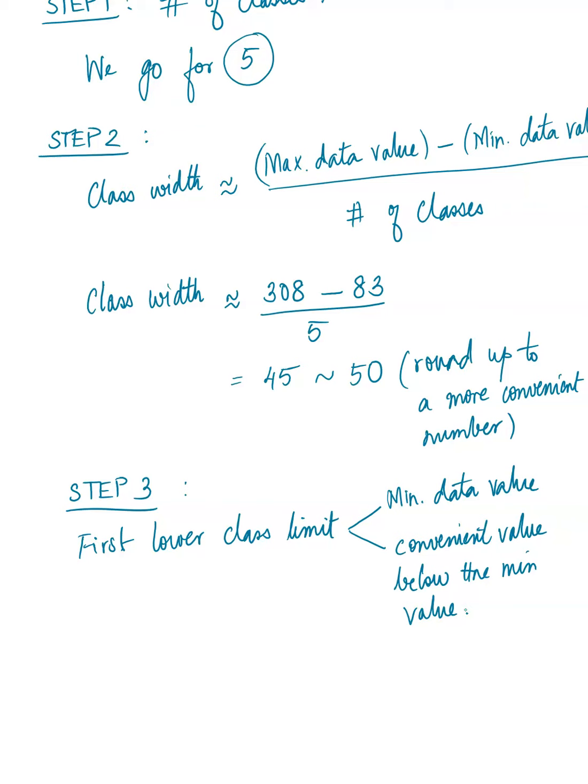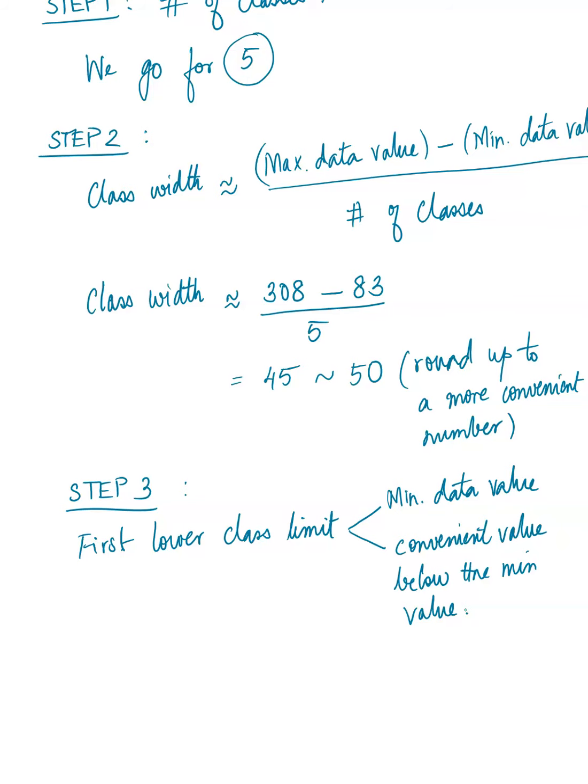So 83 plus 50 again would give you not a round number. When I say round number, I'm talking in terms of convenient rounding. So for that reason, we want you to go below as much as possible, because it really doesn't hurt, because there's not going to be any value below 83 in our data set. So we are not hurting by going below, but we will hurt if we went above it, because then we will lose that 83 value, the frequency for that, right?